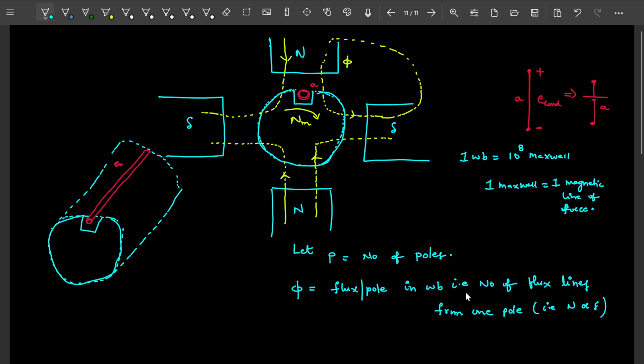That means in 1 Weber we are going to have 10 power 8 magnetic lines of force. Okay, that is the thing.